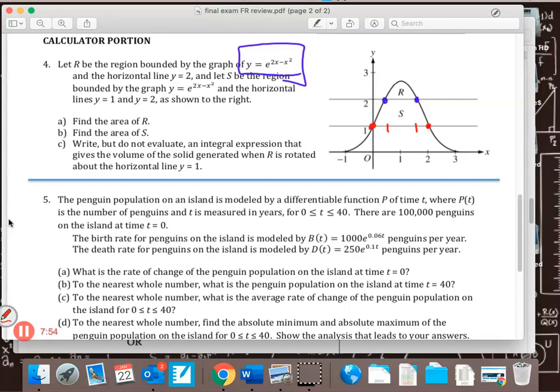So 3 different tops for region S, which means there's a couple of approaches. One approach would be do the integral from here to here, plus the integral from here to here, plus the integral from here to here with the various tops and bottoms. So you'd add those 3 integrals together. These 2 regions do happen to be symmetric, so you could just take the first one, double it, and add this if you wanted to. But I wouldn't take the chance if I was doing it. I'd just do the 3.